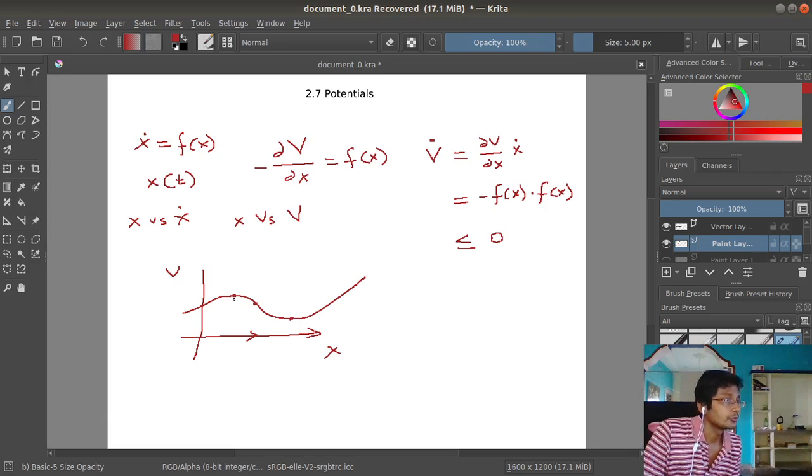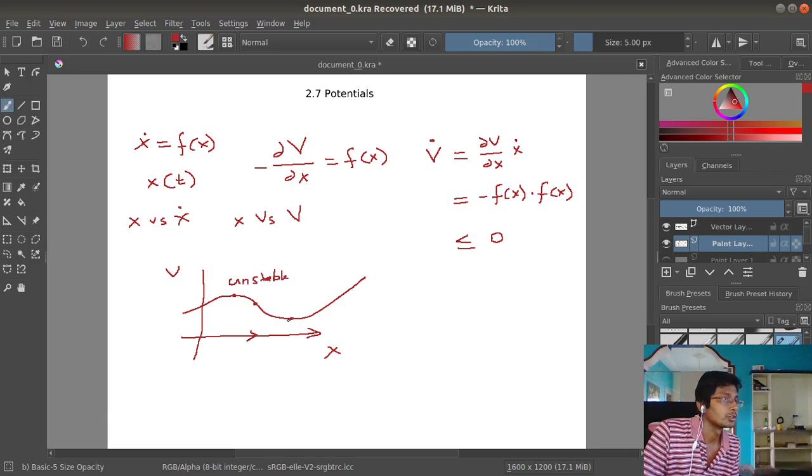If from this point I give a little disturbance, what will happen? It will try to decrease the v value, so it will go in this direction, and similarly if I give a little disturbance in this direction, it will go like this. So this is an unstable fixed point.